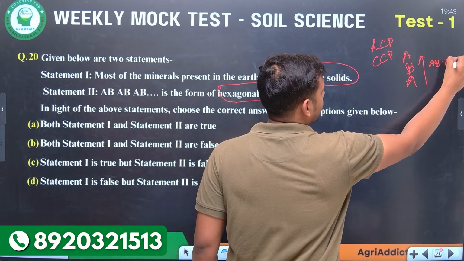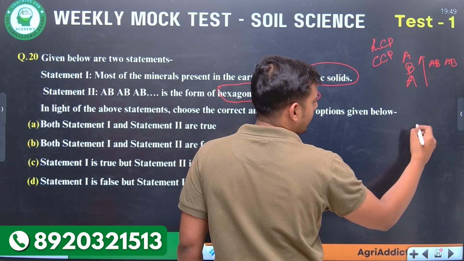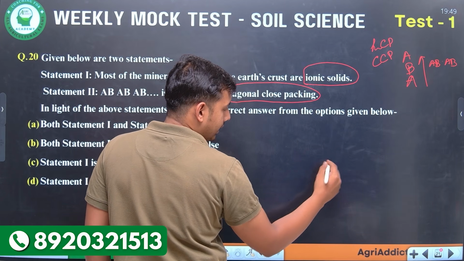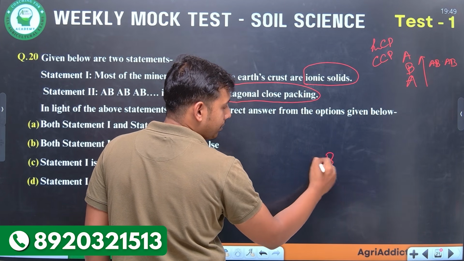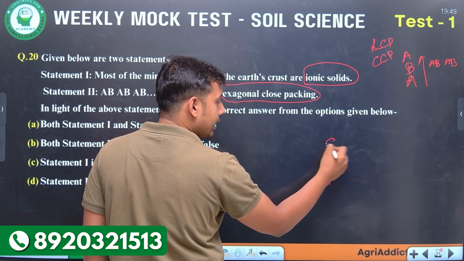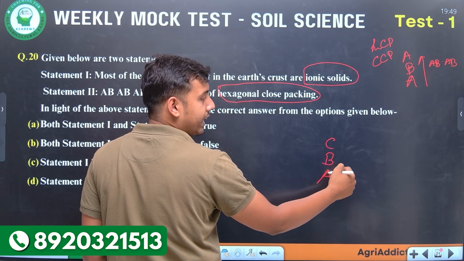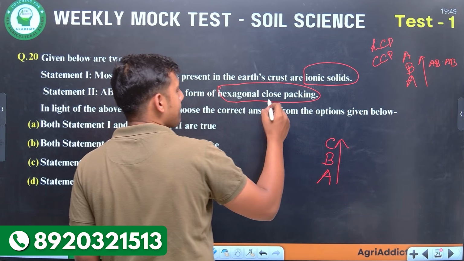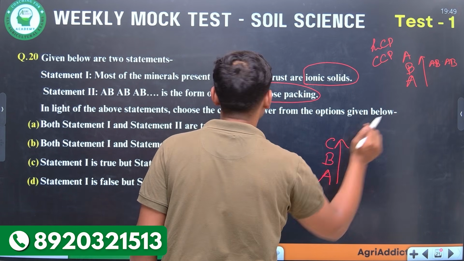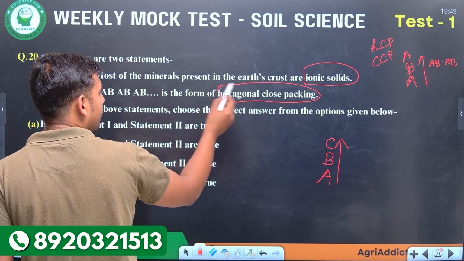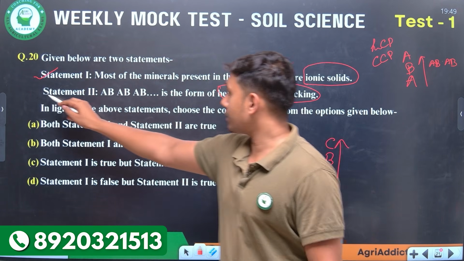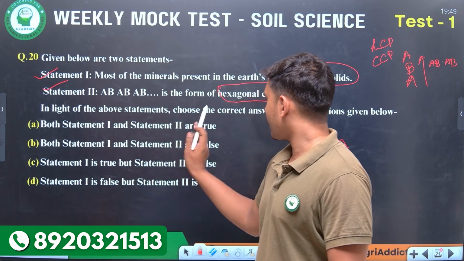But in cubic close packing, the first layer is A, then the next layer is different from A, and the third layer is also different from B and A. So an ABC sequence can be seen in cubic close packing. Okay. So the first statement, ionic solids, is correct, and statement 2 is also correct. So the answer will be both statement 1 and 2 are true.